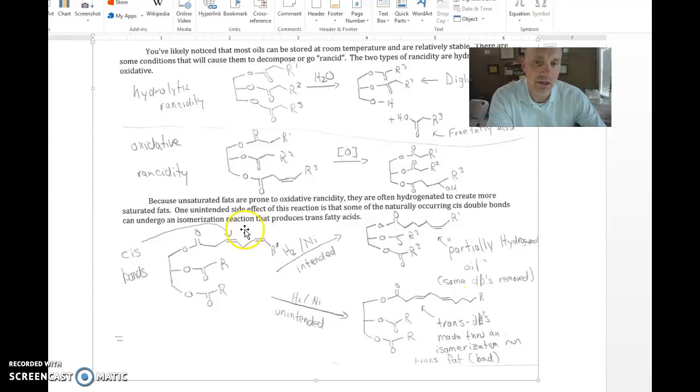But in general, the cis fats are considered to be more healthy than the trans fats. The interesting thing about it is trans fats aren't really common in nature. They're made through a chemical reaction when you're trying to get rid of the double bonds.